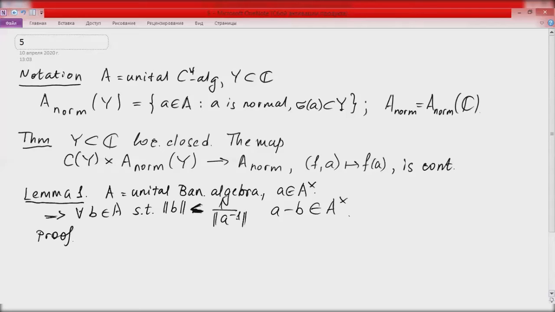The proof is very easy. We just observe that A minus B is A multiplied by 1 minus A inverse B, and that the norm of A inverse B is strictly smaller than 1.